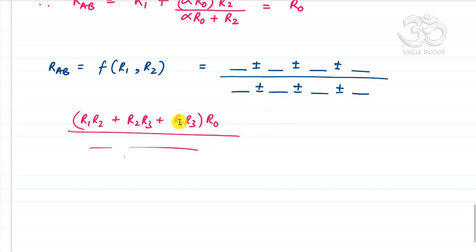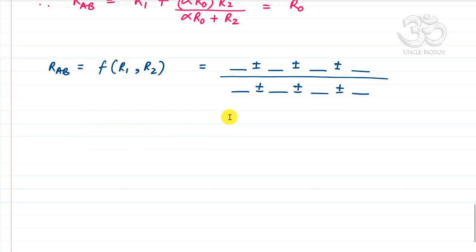All I'm saying is don't keep anything in multiplication. You multiply this R0 inside, so R0 R1 R2, R0 R2 R3, R0 R1 R3. So finally it is possible to get all the terms in the numerator with either plus or minus between them, and it is also feasible to get all the terms in the denominator with only plus or minus between them.